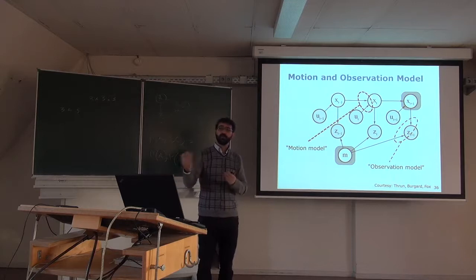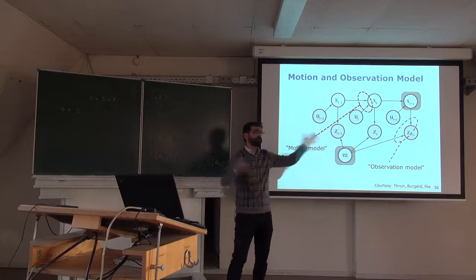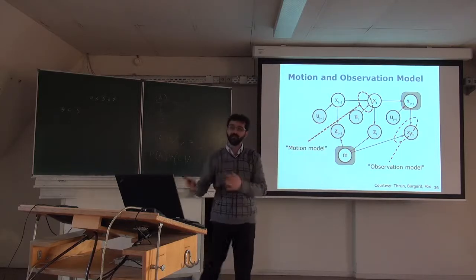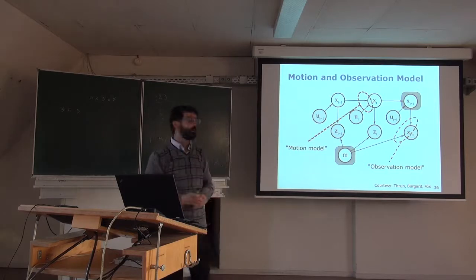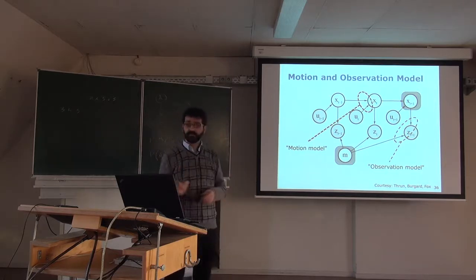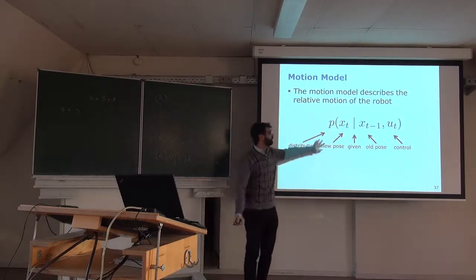But if you know that you are here and the world looks like this, there is just one unique way of getting this measurement distance. Okay? And we will use this somehow the other way around, and we'll see what it means to use them the other way around when we estimate the state.